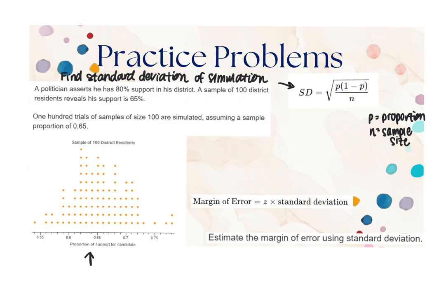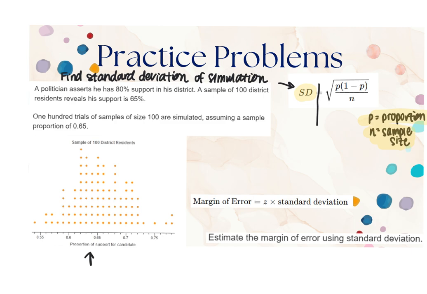This is the standard deviation: the square root of your sample proportion, times 1 minus your sample proportion, all divided by your sample size. So the two pieces of information that we need to grab from our problem are the given proportion and our sample size.